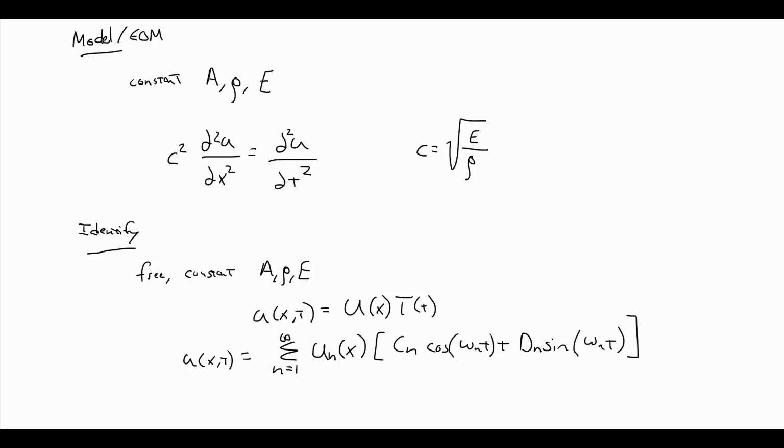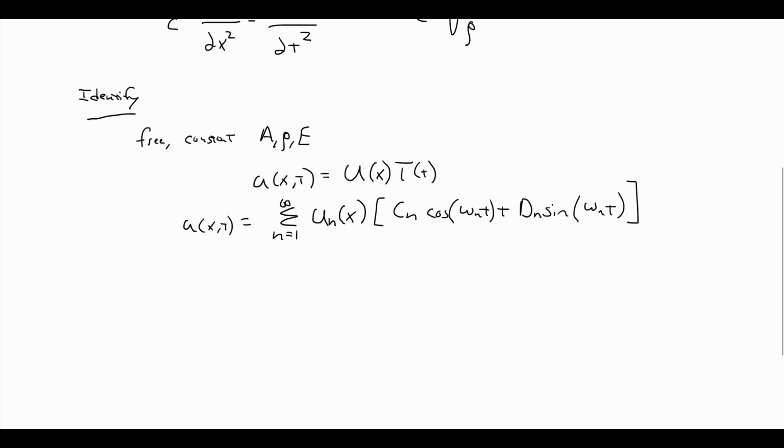That's the form our solution is going to take. So we need to find our eigenfunction, capital U, we need to find our natural frequencies, and then we need to find these coefficients in order to come up with our closed form solution, this infinite summation of terms.